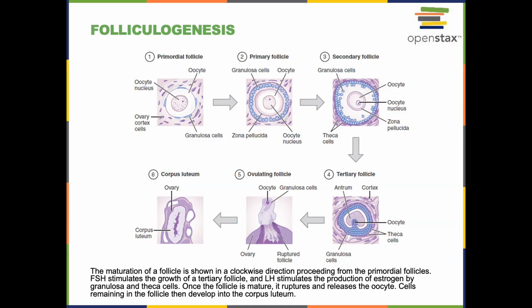Tertiary follicles are the last stage, also known as mature follicles or antral follicles, because the antrum is very large. They're also known sometimes as Graafian follicles.